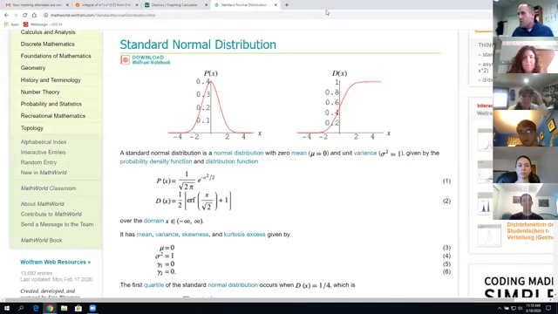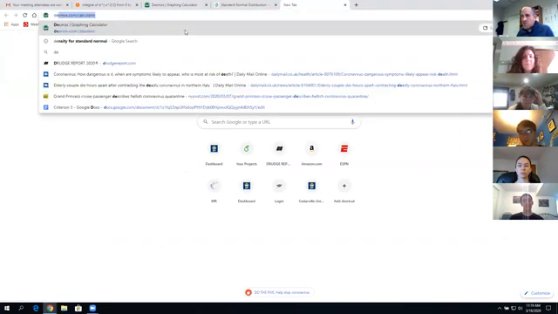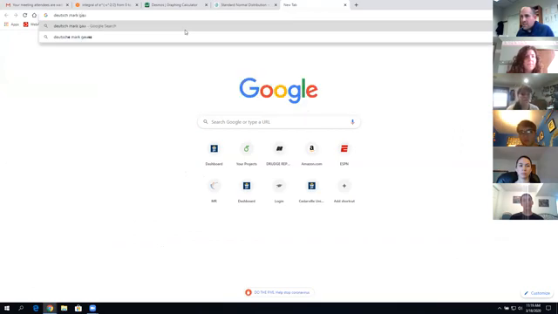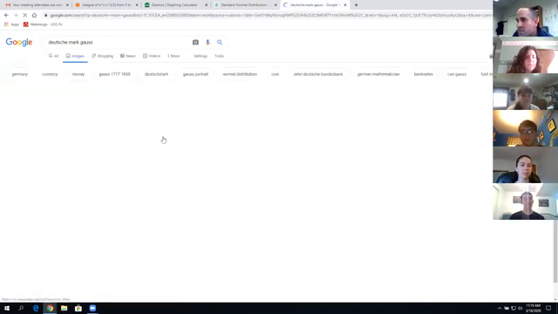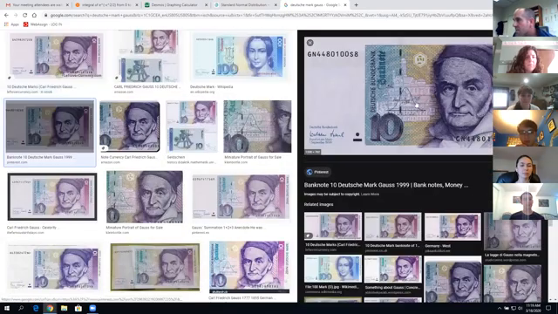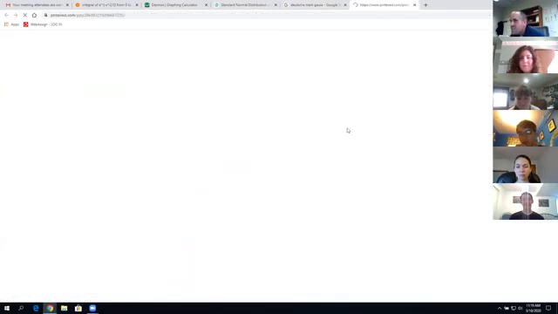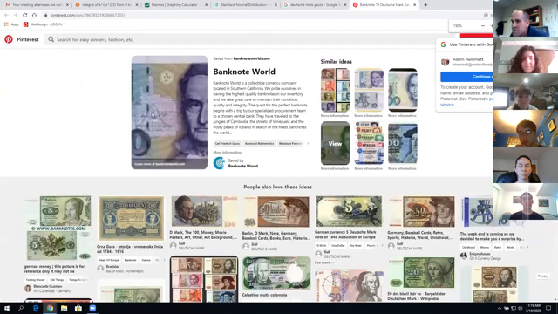One place that it shows up that's kind of interesting is the old Deutschmark. I think there's a picture of Gauss on one of these. Yeah, here it is. There's images. Let me see if I can pull this up. Do you see a picture right there?